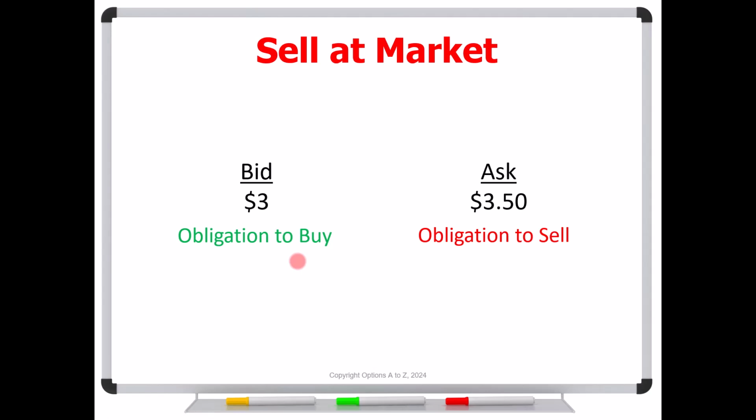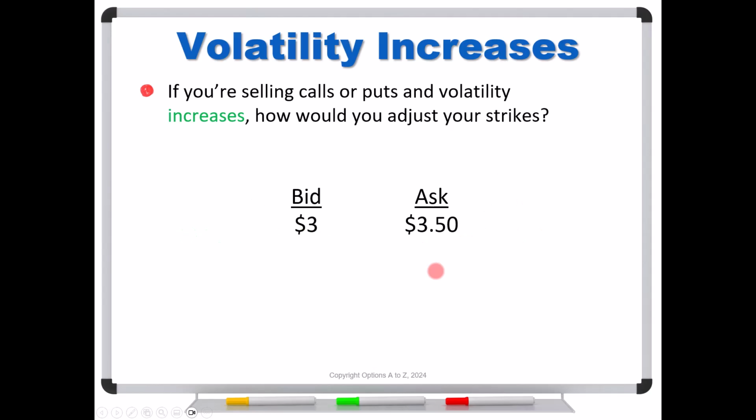Now again, it's more of a way of looking at limit orders, but with that in mind, think about what happens if volatility increases. So if you're selling calls or puts and volatility increases, how would you adjust your strikes? Well, chances are you're going to say, I don't know if I want to bid 3. Let me lower it. Maybe I'm going to make it 250.